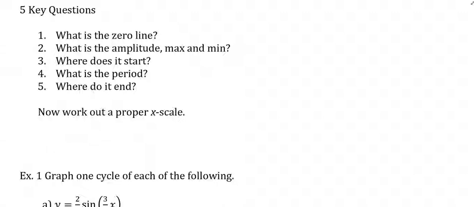We do, I call it CP. It's the critical points. And this is the period. So you've already found the period, and you divide it by 4.